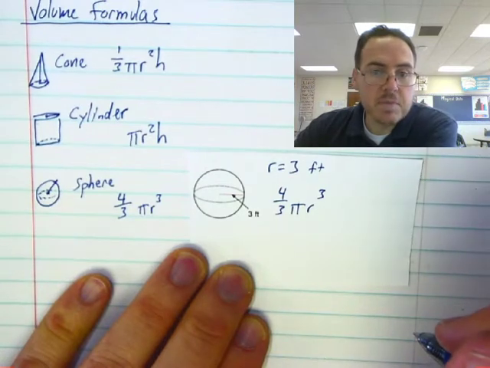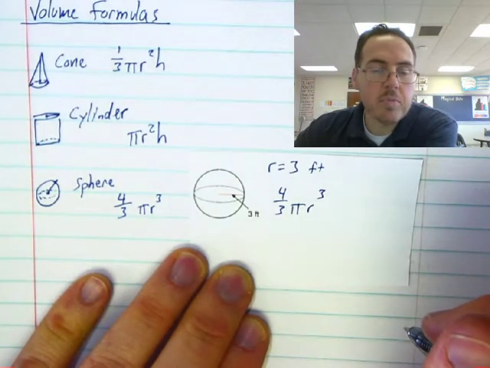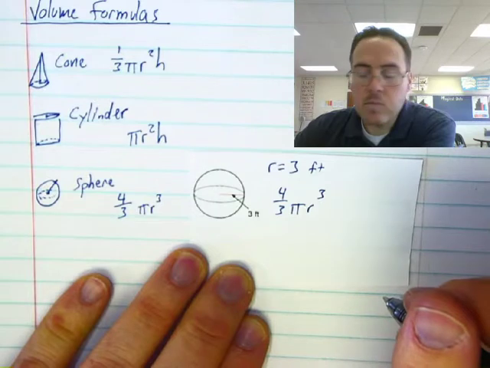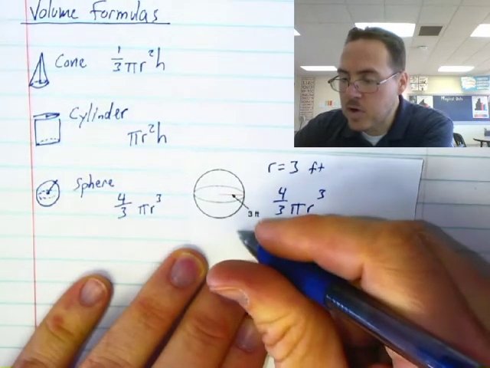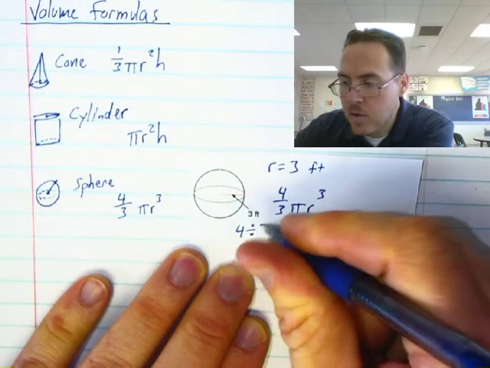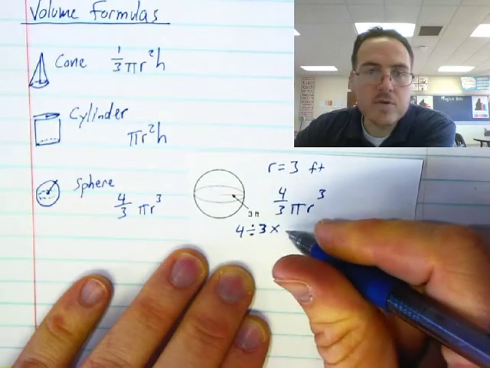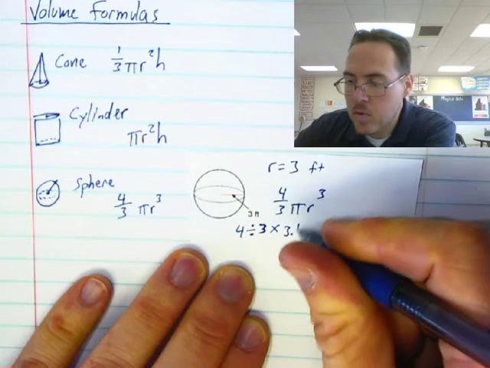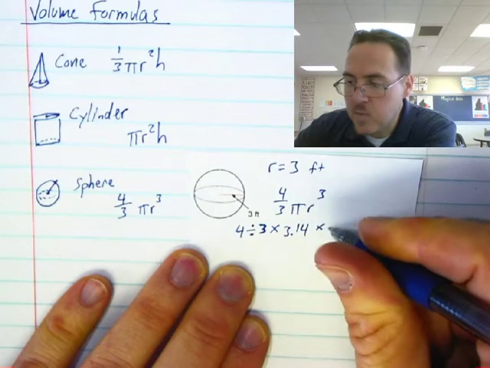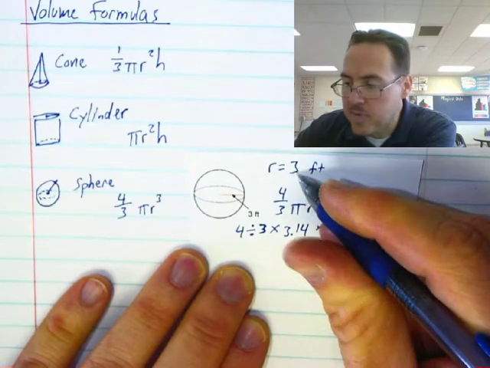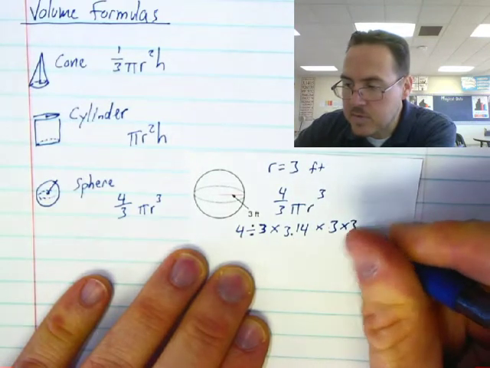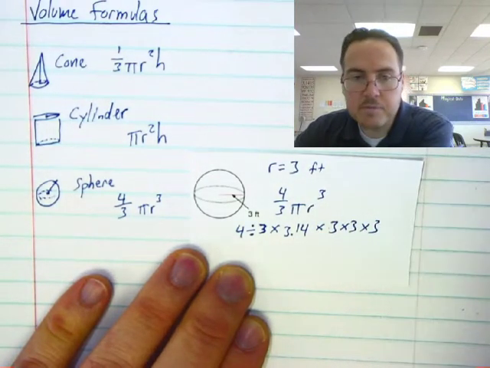Because we already know the radius, we can go ahead and start replacing with information. So we're going to do 4 divided by 3 times pi, which I'm going to use 3.14, times the radius 3 times, and I need 3 of these. That'd be 3 times 3 times 3.